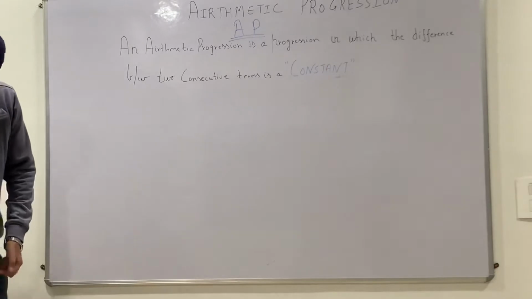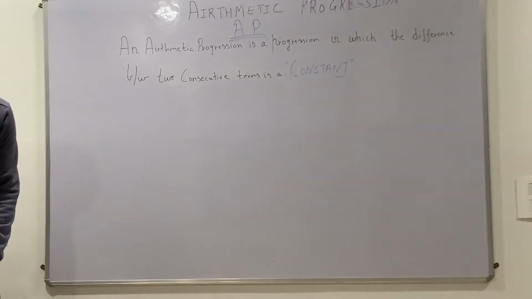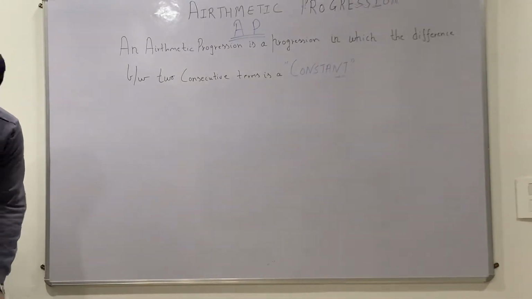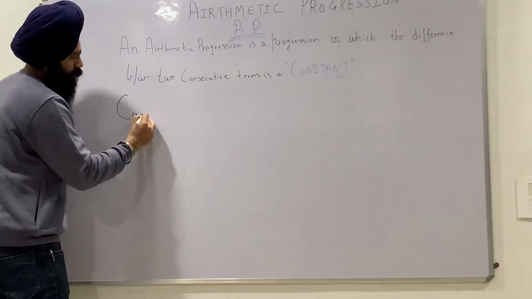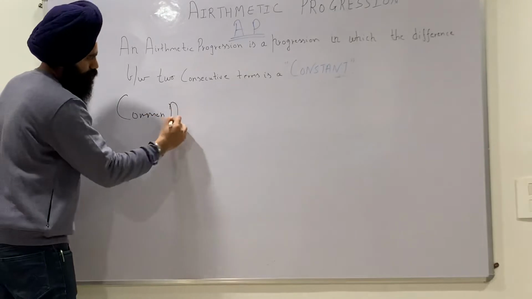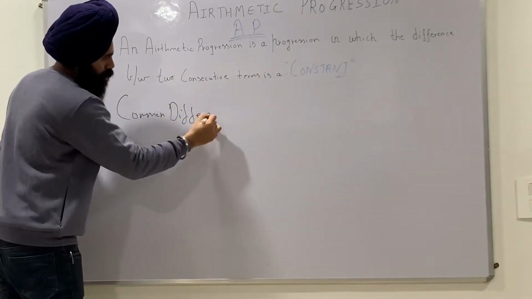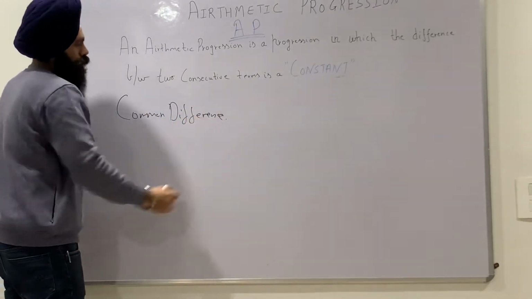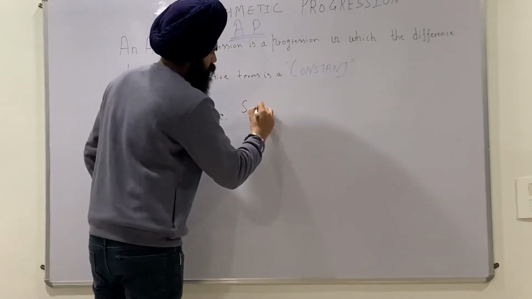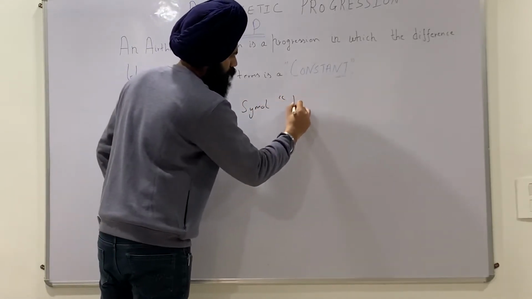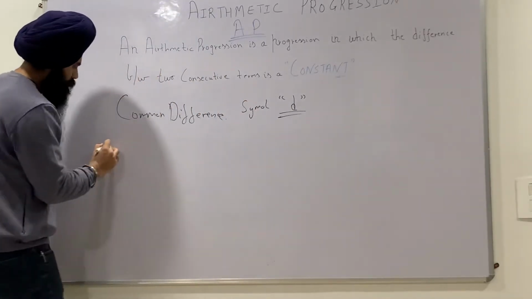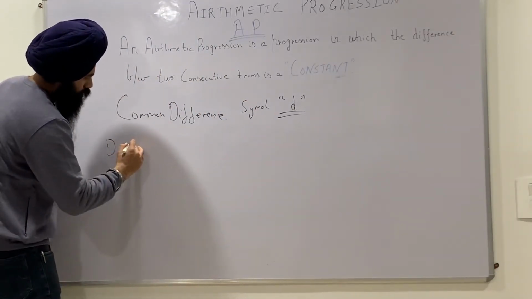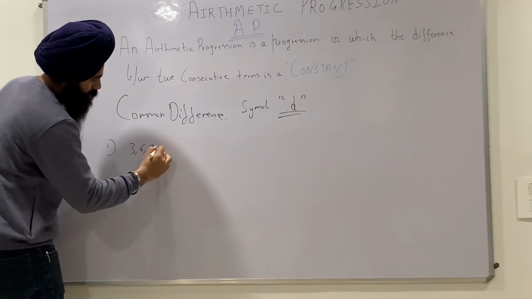Let's talk about a very important concept which is very useful for this chapter. We should know all the concepts for doing this chapter. Very important: common difference. The symbol denoted for common difference is small d. Let's have an example: 3, 6, 9, 12.